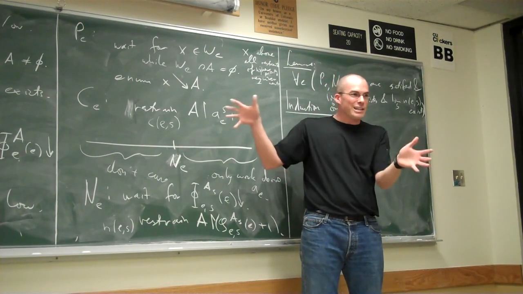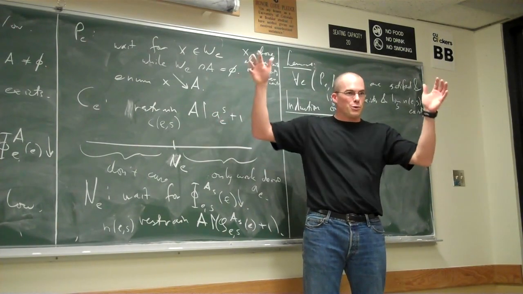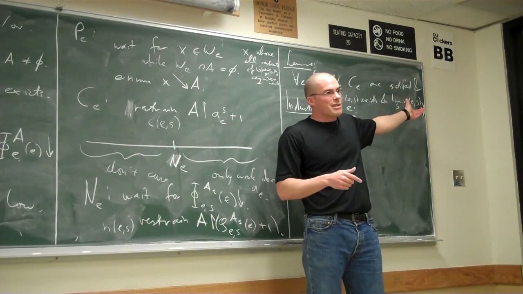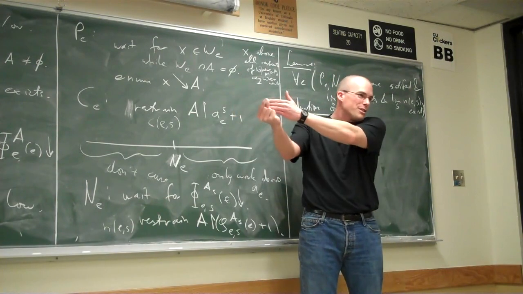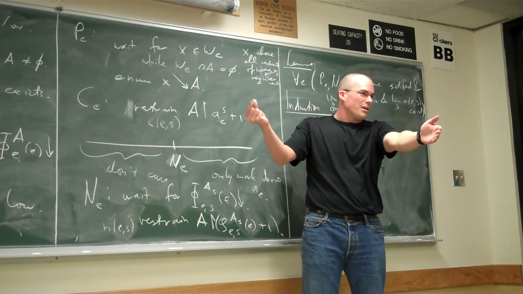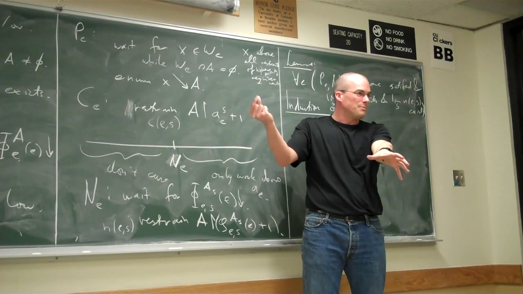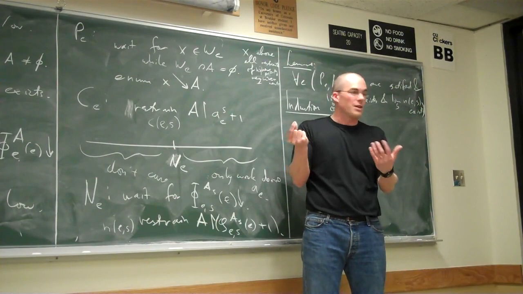If I have finitely many requirements that need finitely much time to do their actions and stabilize their restraints, then I can look at the time t where all of these earlier requirements have acted and stabilized and have done their thing. This time t, by induction, exists.